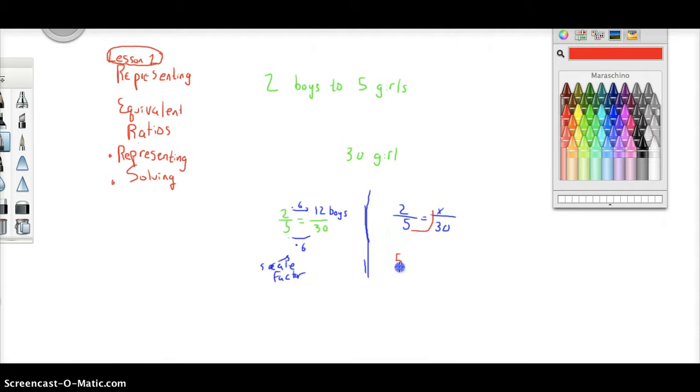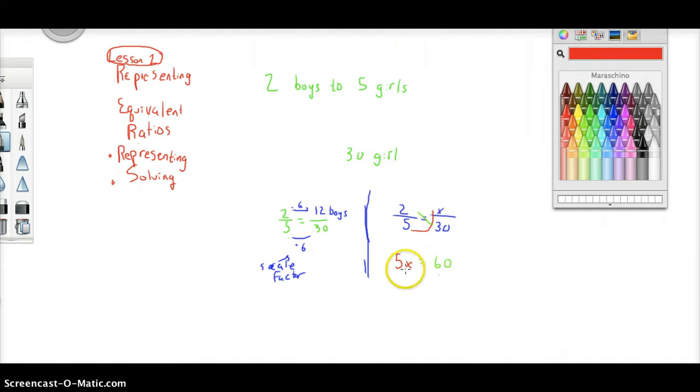So 5x is going to be equal to whatever this product is. And 2 times 30 gives me 60. So if I cross multiply, I get a pretty simple equation to solve.